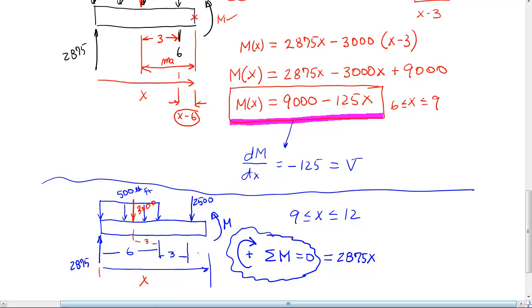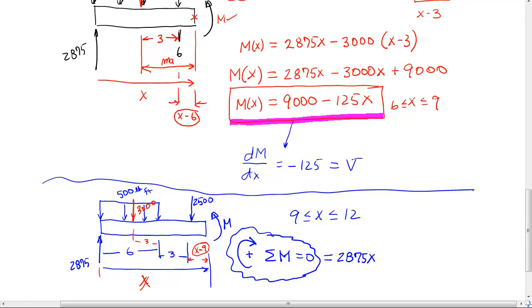I don't know this distance, but I do know that x is going to be greater than 9, so therefore I'll say this is x minus 9. Say if it's 10, that'll be 1. If it's 11, that's going to be 2, so on and so forth. So this is that distance right here.